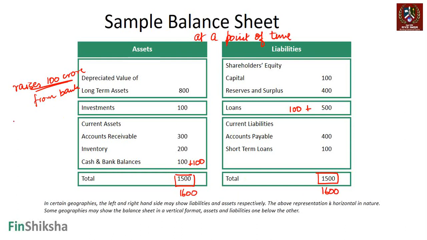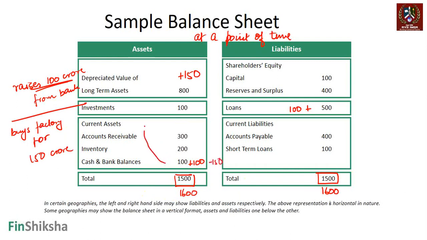Now let's say as a second transaction, the company buys a factory for 150 crore, right? Now when you buy a factory, obviously you're adding plus 150 here, but where are you getting the money for this from? You will pay this money from your bank account. So you will do a minus 150 here.